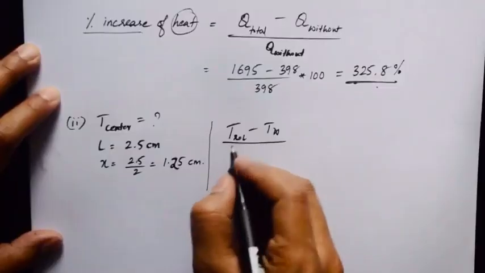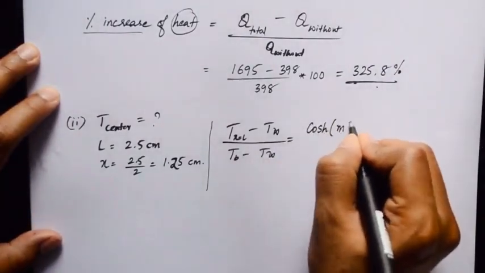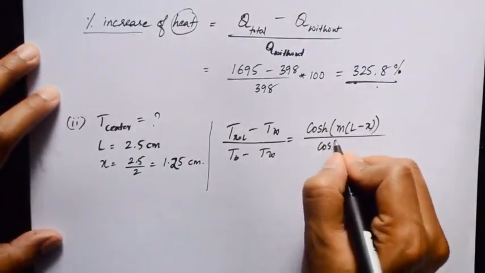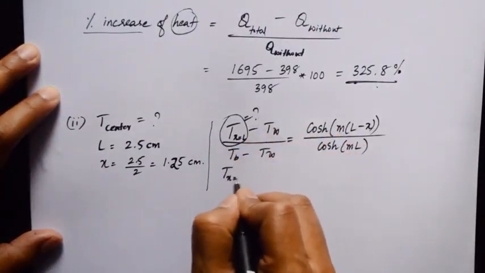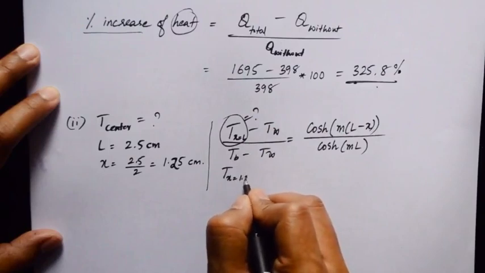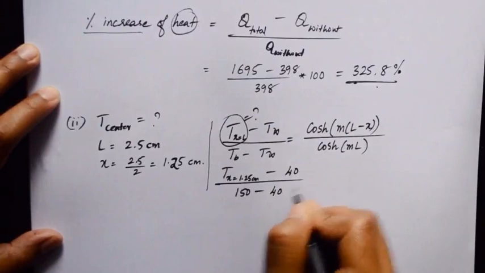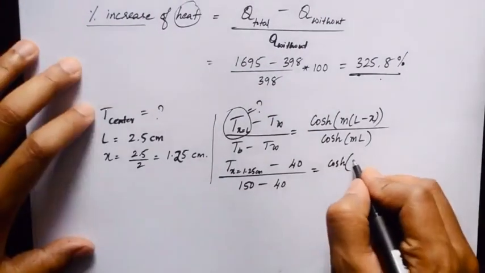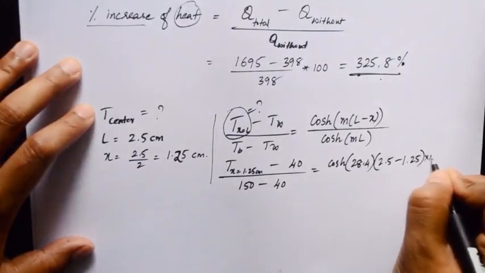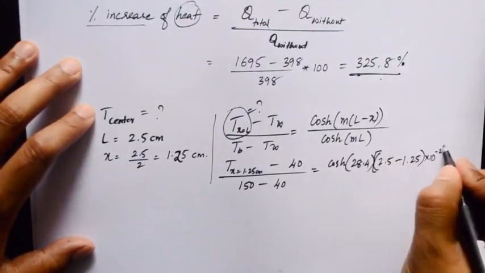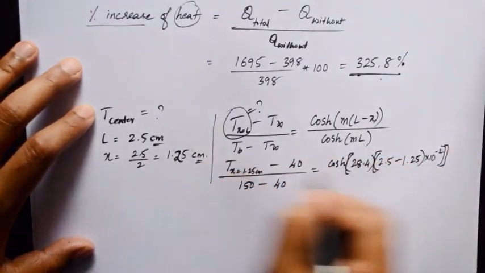This is the one which I am supposed to find out, that is temperature at x equal to 1.25 centimeter, minus T infinite, into 10 power minus 2, because the lengths are in centimeters, so multiplied by 10 power minus 2.